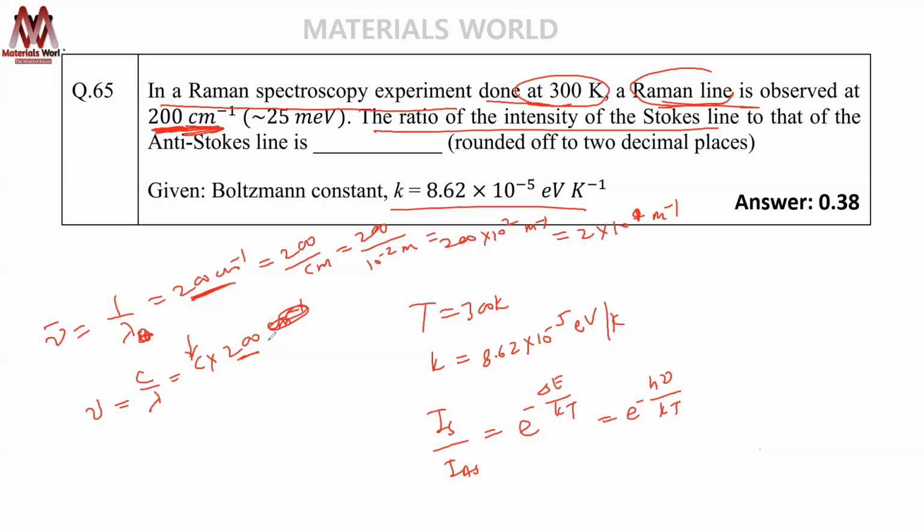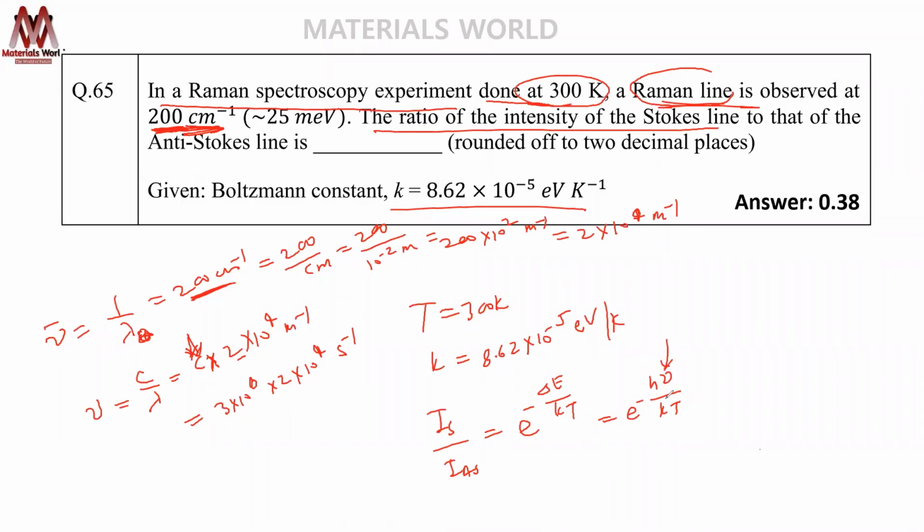That will give you simply c into 2 into 10 power 4 meter inverse, that is 3 into 10 power 8 into 2 into 10 power 4. And c has meter per second, and this is divided by meter. Meter is cancelled out, it's per second. That is the typical unit for frequency. You calculated your nu.